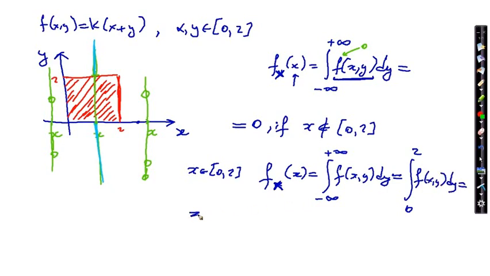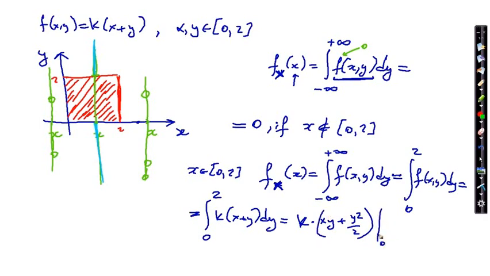And now I can plug in the value of that f. So I am integrating from 0 to 2 k times (x plus y) with respect to y. And I will have k times the integral of x with respect to y, so x is constant here, xy plus y squared over 2. And substituting y, let me write that y is changing from 0 to 2.